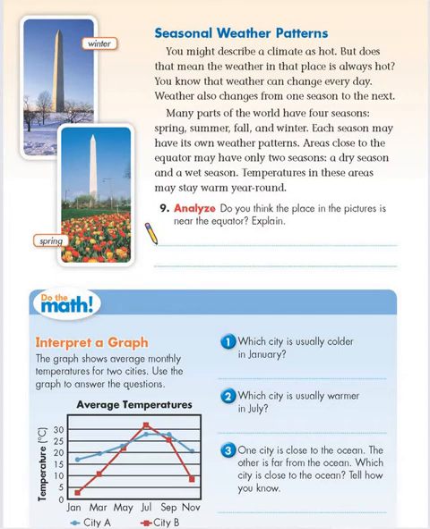The seasons can affect the weather because, for example, the winter for most countries, the weather in winter is cold. There is not much rain.